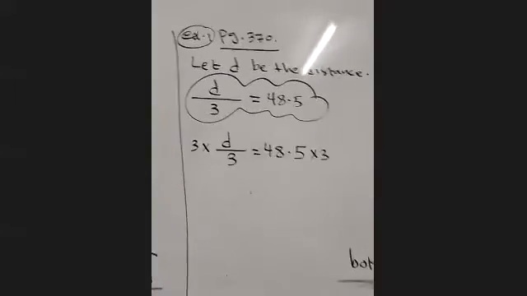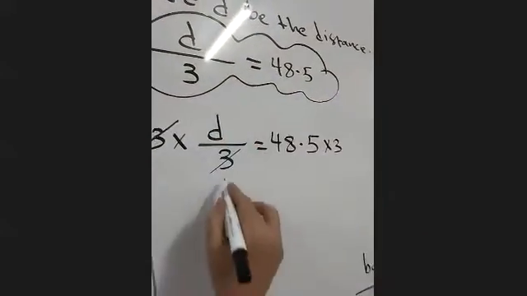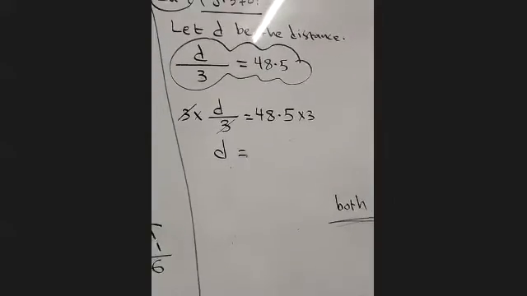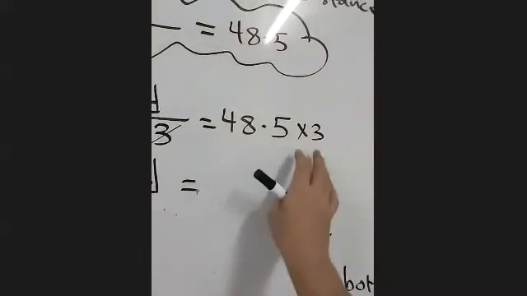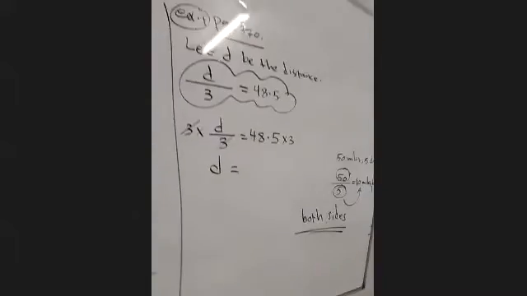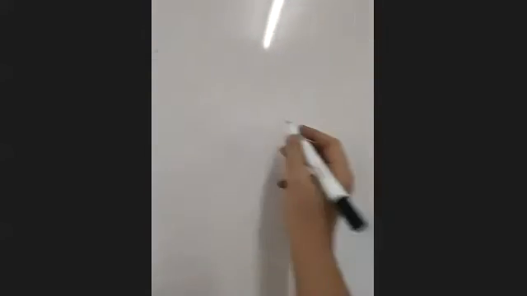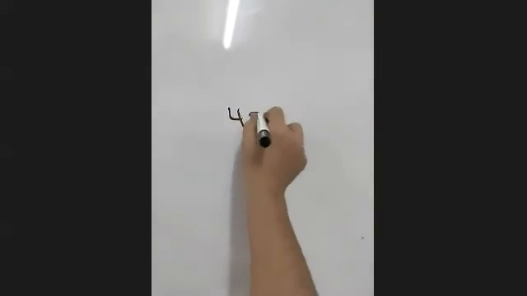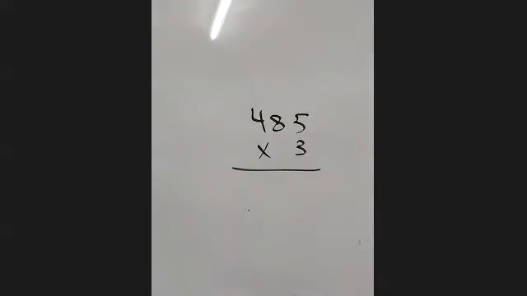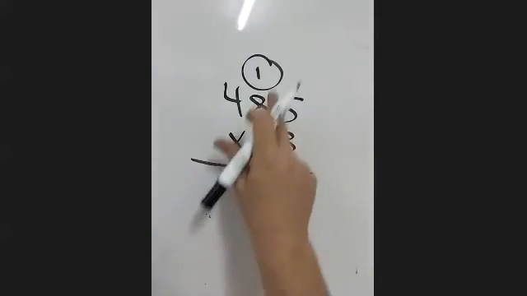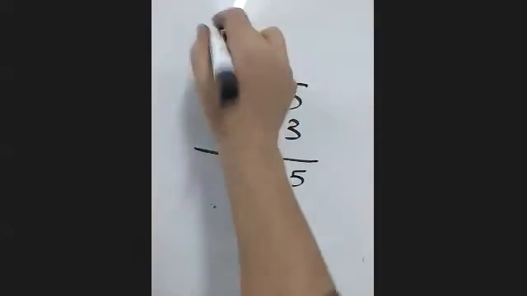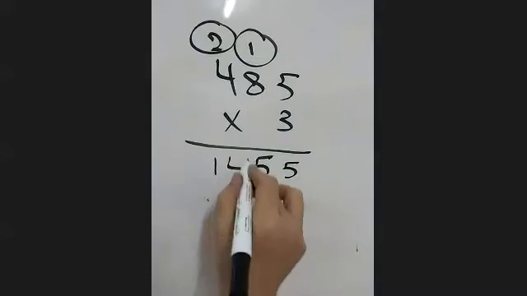Now let's simplify. 3 is gone with the 3, still D equals. Now let's multiply 48.5 by 3. How do we multiply a decimal by a number? We remove the decimal: 485 multiplied by 3. 3 times 5 is 15, 3 times 8 is 24 plus 1 is 25, 3 times 4 is 12 plus 2 is 14.